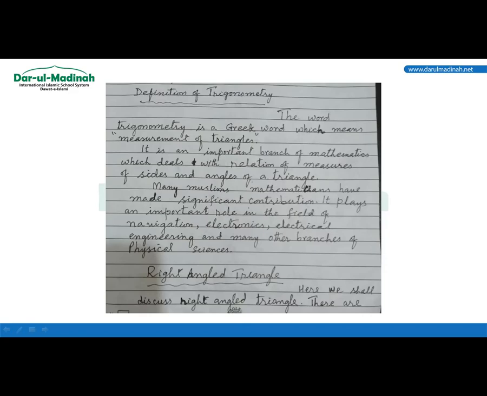Many Muslim mathematicians have made significant contributions in trigonometry, and the famous mathematician Al-Khwarizmi had played a vital role in trigonometry also. It plays an important role in the field of navigation, electronics, electrical engineering, and many other branches of physical sciences.